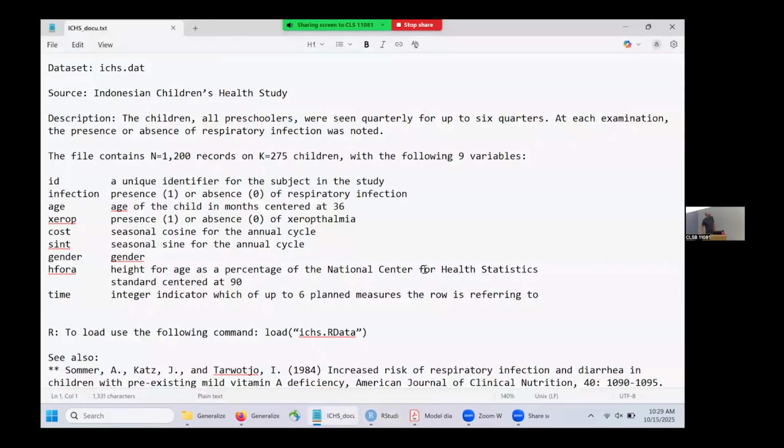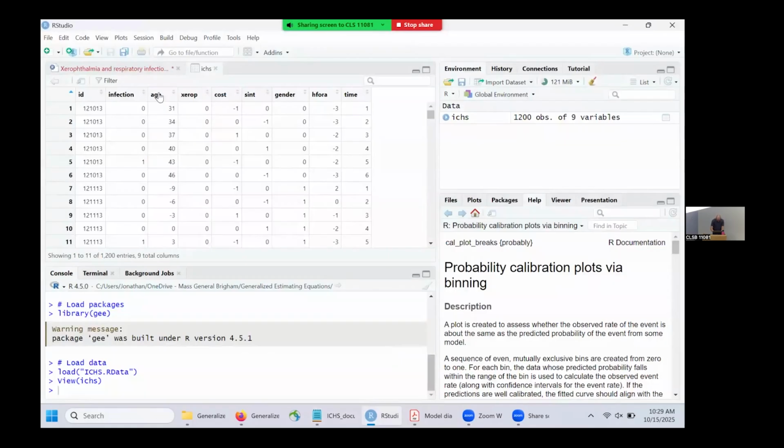Let's say respiratory infection. You can put in whatever you like here, I guess. You have a lot of records, a lot of children. Let's try them all. And then we'll see what happens. Perfect. Love it. Okay.